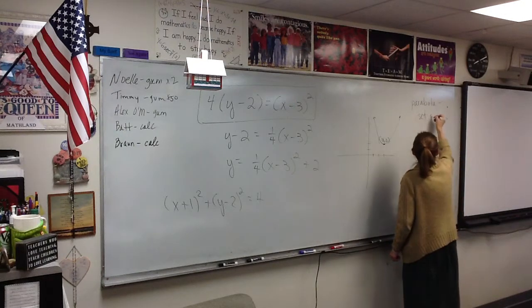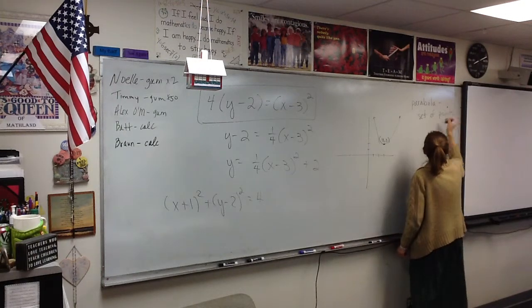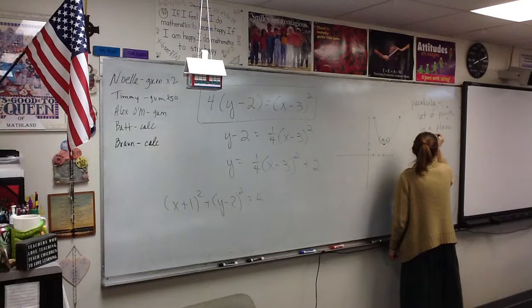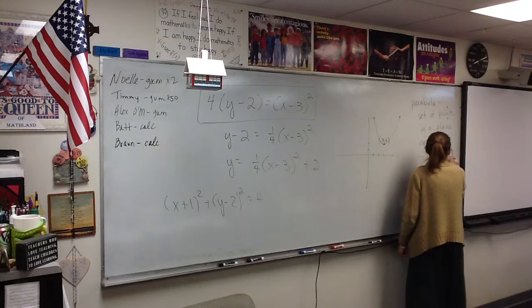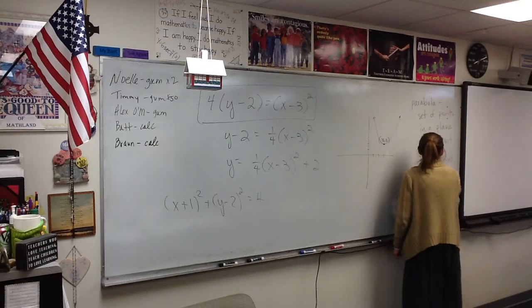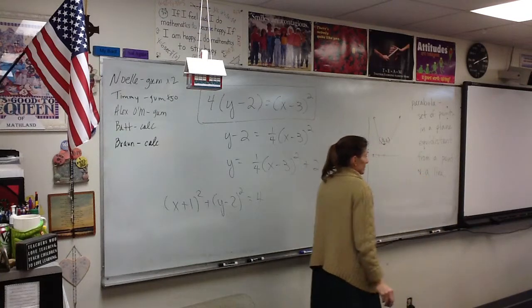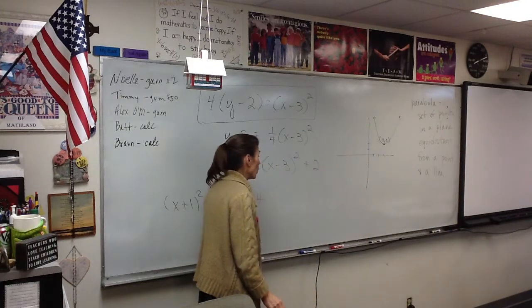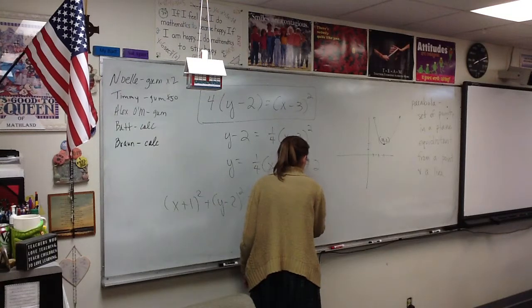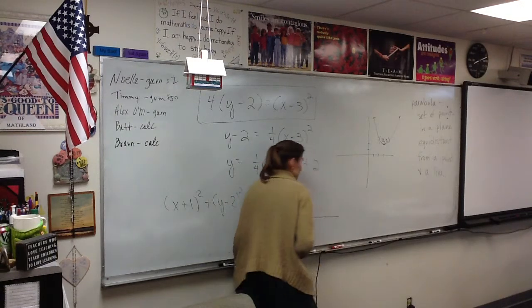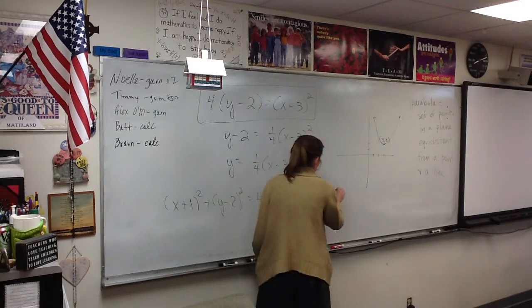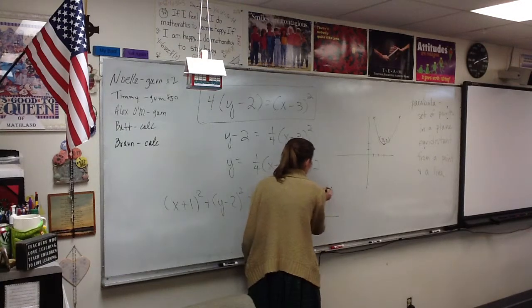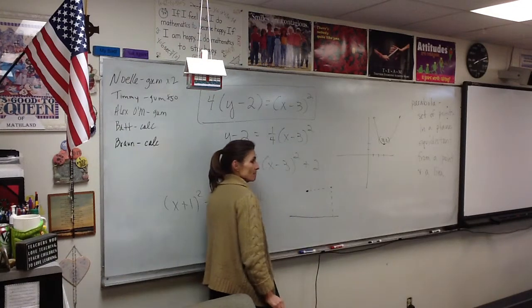Parabola, by definition, set of points in a plane equidistant from a point and a line. Now what that definition means is, if you have a point and a line, if you pick this point, let's say, that distance and that distance would be the same.